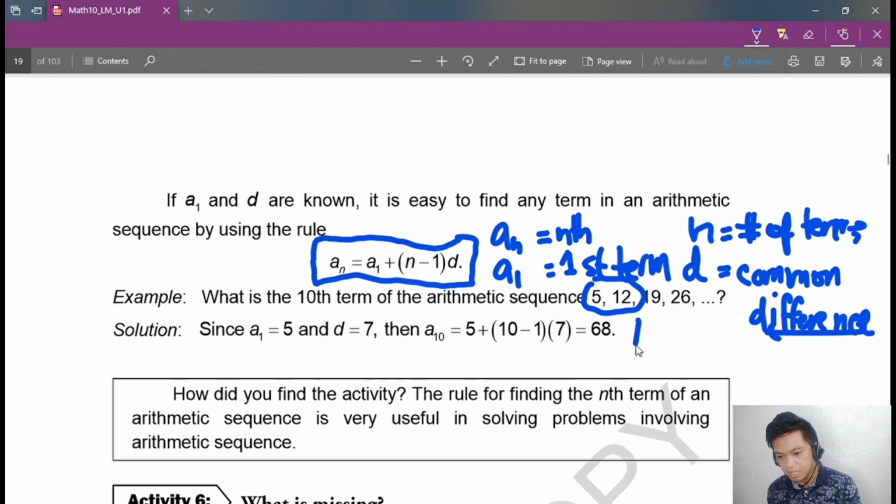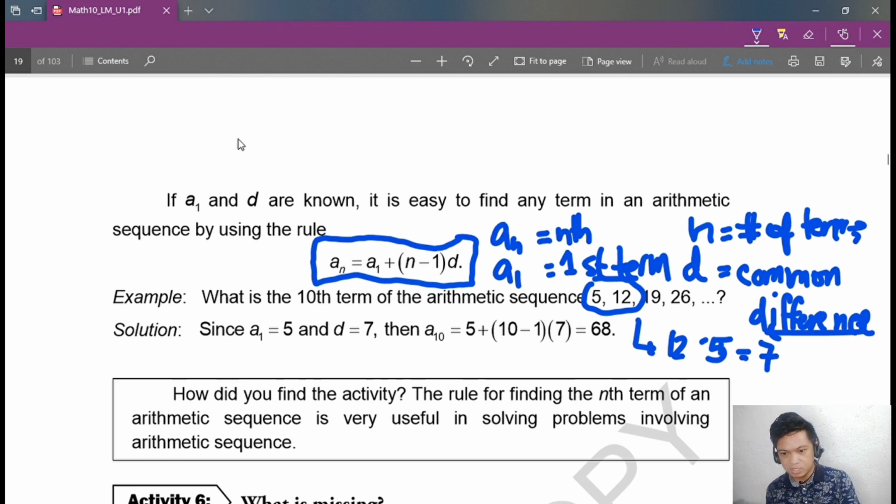So, that is 12 minus 5. 12 minus 5 is equal to 7. So, our common difference here is 7. Since alam na natin yung common difference, traditionally, ang ginagawa is we're going to add successively doon sa mga terms.